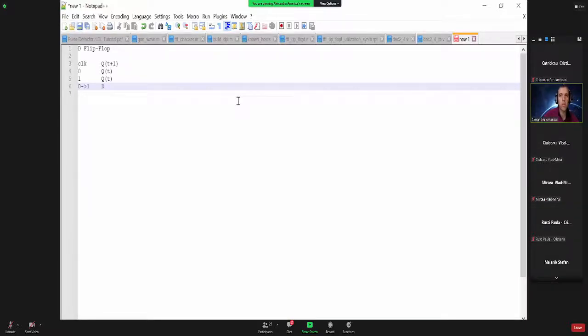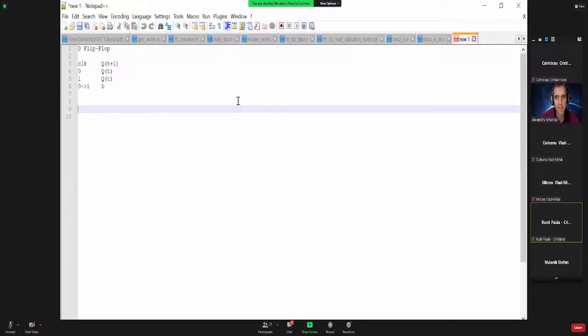By the way, do you know why clock is called synchronization signal, and why circuits which have clock are called synchronous? Okay, so let's say you have 20 registers in your design, and all are connected to the same clock input, okay.